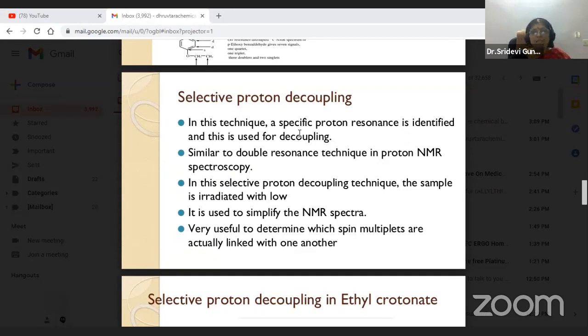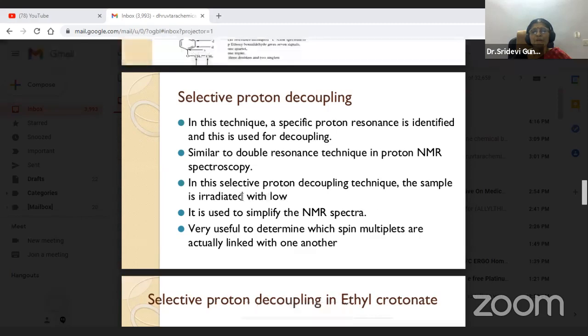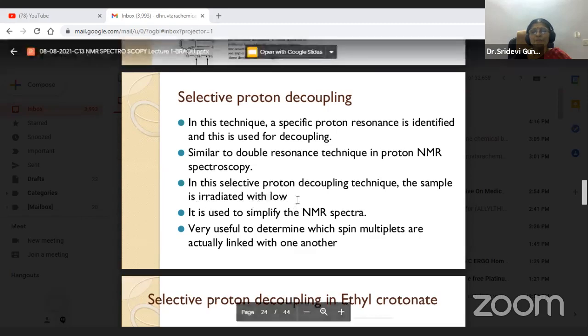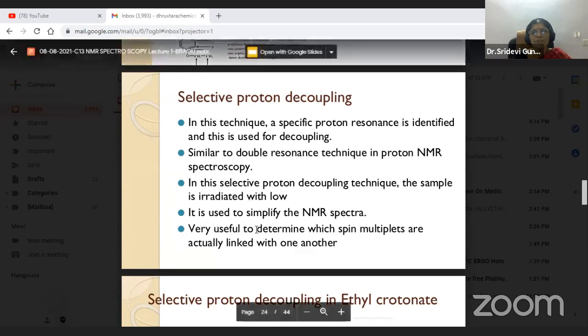In this technique, a specific proton resonance is identified and used for decoupling, similar to the double resonance technique in proton NMR. The sample is irradiated with low radio frequency, which simplifies the NMR spectrum. It is very useful to determine which spin multiplets are actually linked to one another.